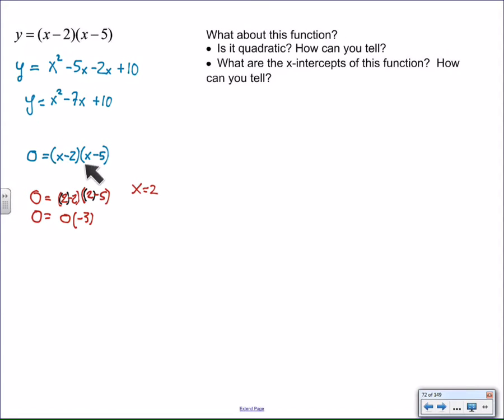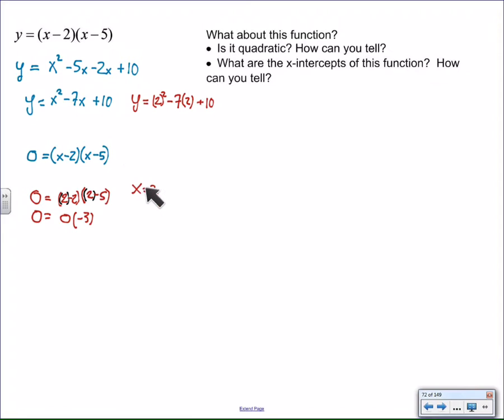Notice you could look at this equation written in factored form, and I would see that x equals 2 is an obvious solution, and the other solution should be obvious, that would be x equals 5. And just to show you how this works, I FOILed this all out and got an alternative form for the quadratic, but they're still the same function.